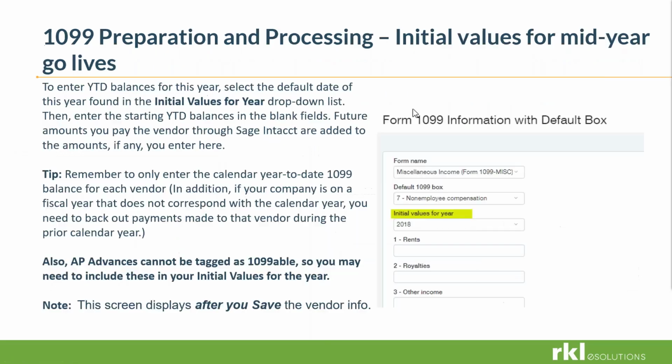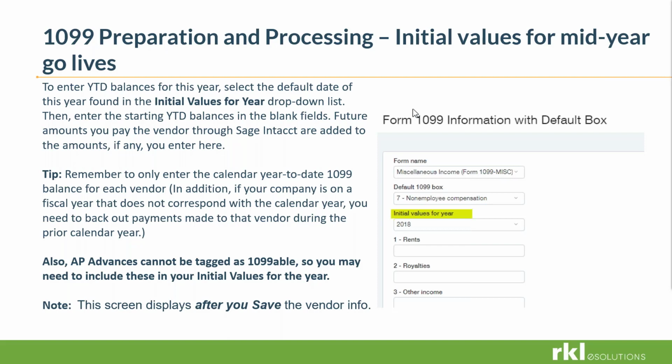And you can do that anytime throughout the year. Let me rephrase this. This screen right here will allow us to update 1099 values, usually used with conversion go live.